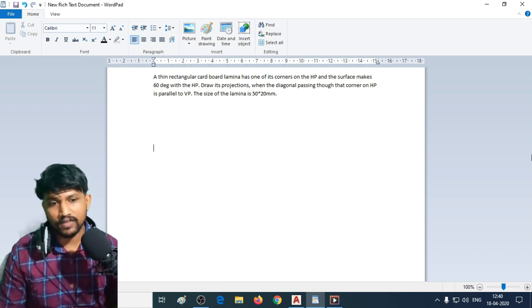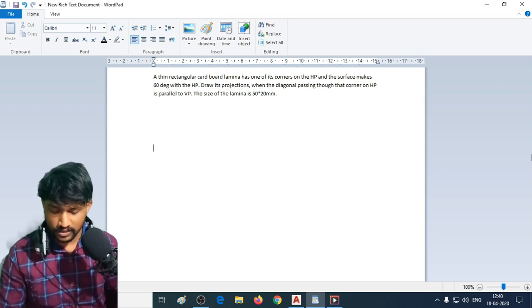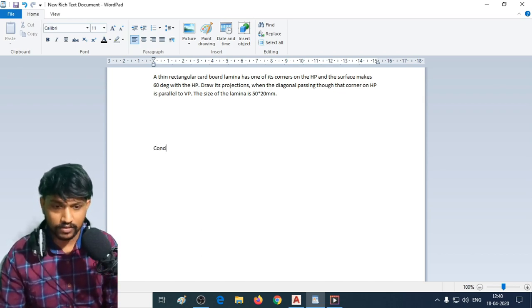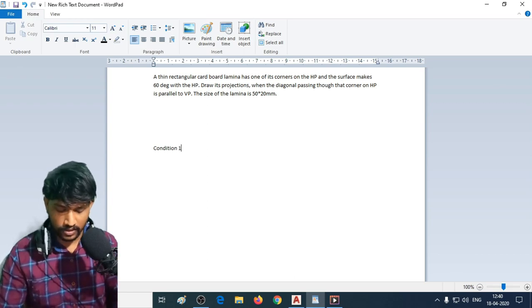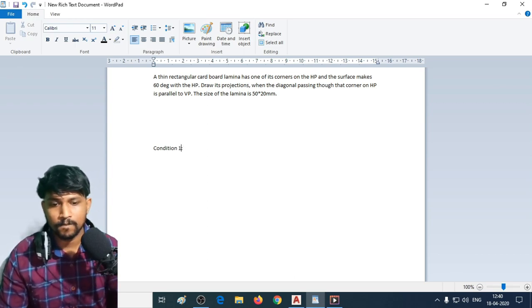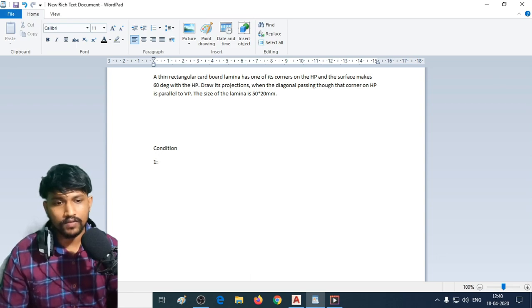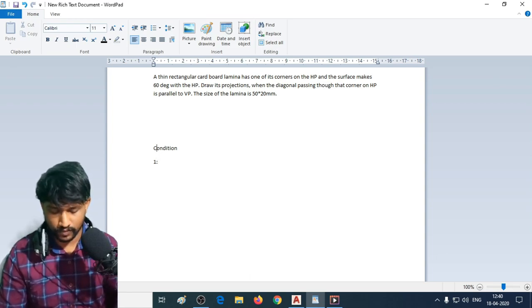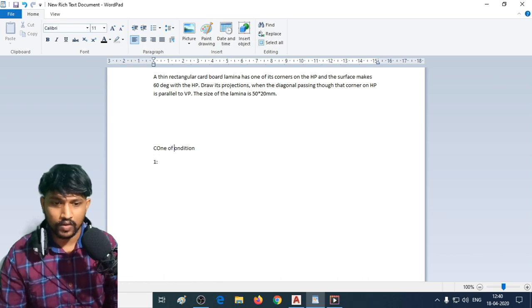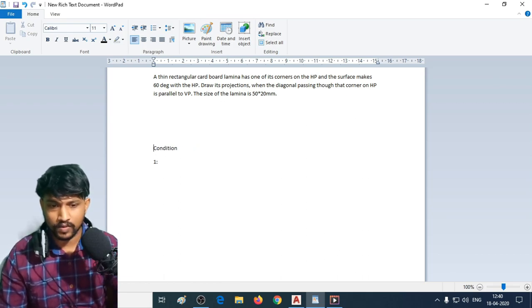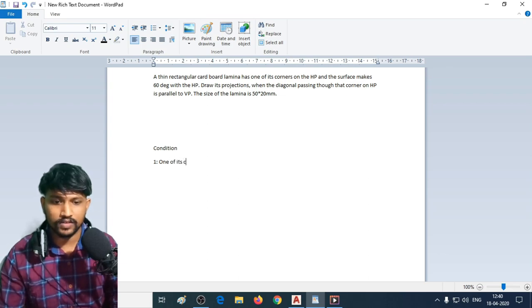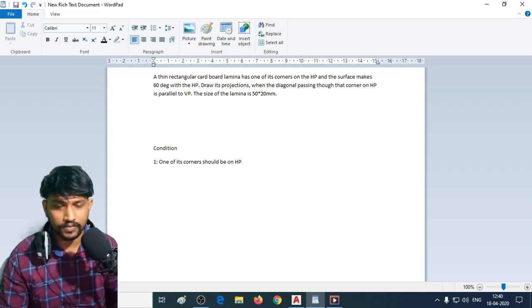So in this given problem, we will try to find the conditions that we need to satisfy. Condition number 1: one of its corners should be on the horizontal plane, or HP.